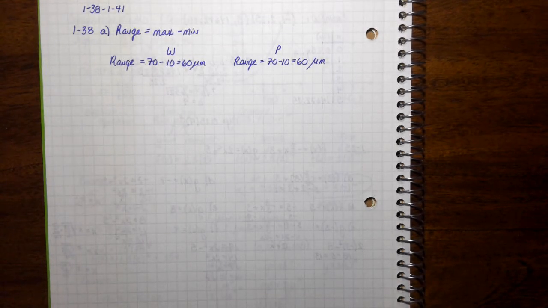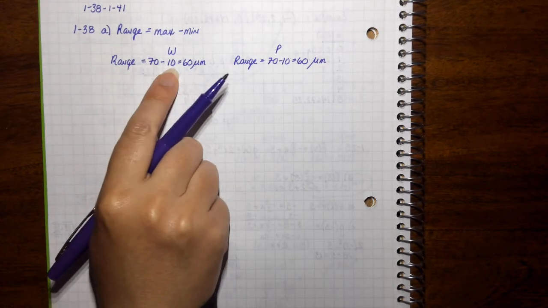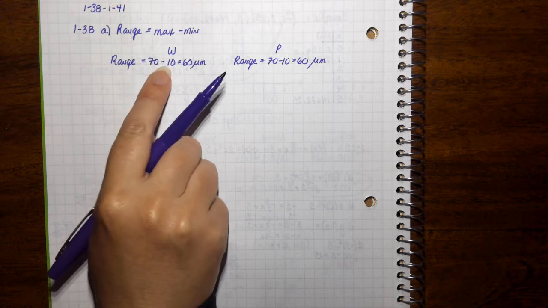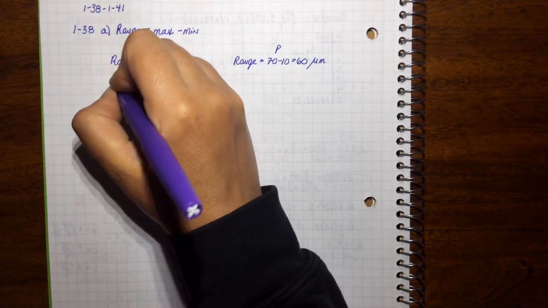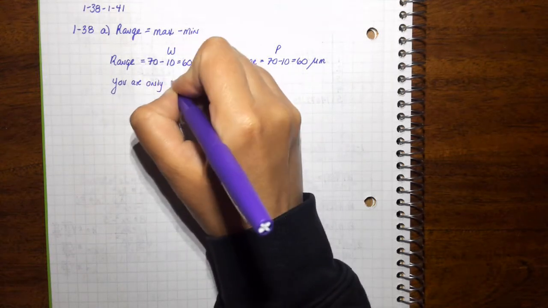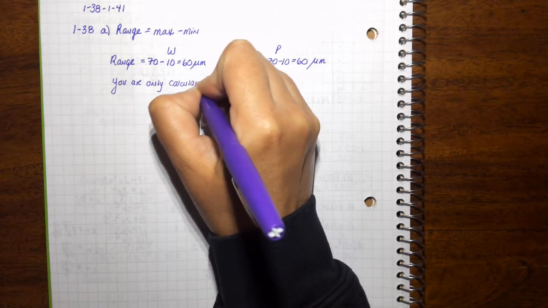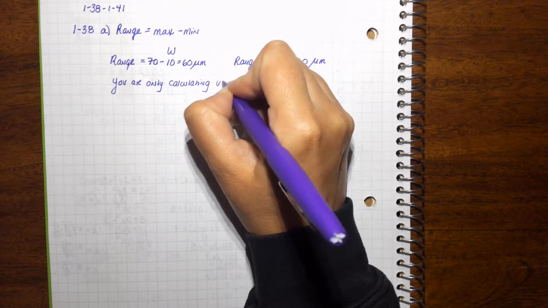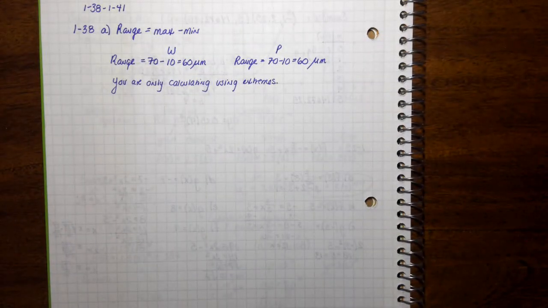Okay, so the question also asked, why is the range not a useful measure of spread? Well, that's because the only calculations you're using are the extreme ones. There's no indication of how many values there are or where the data is located.